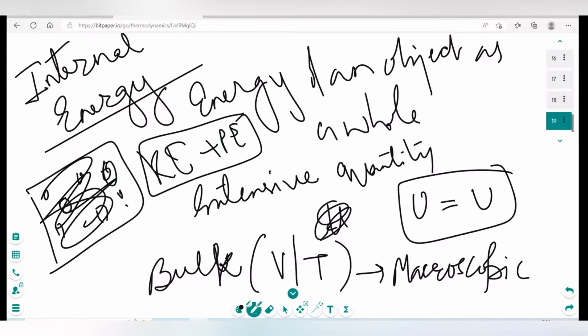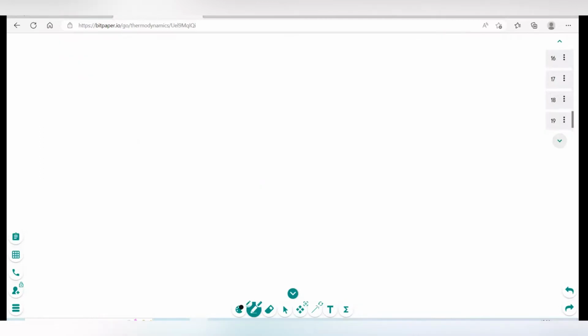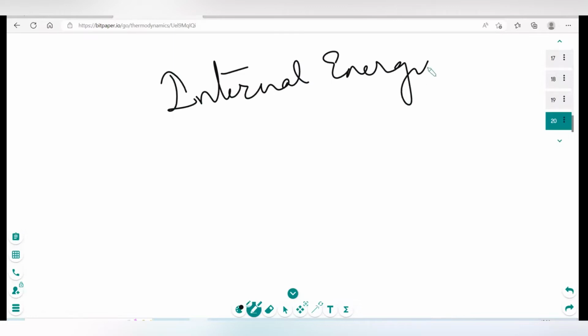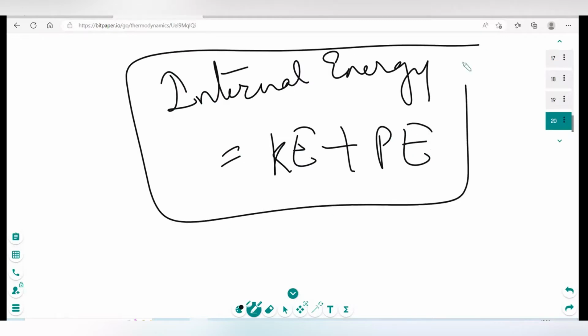This is equal to U, internal energy. Once again, internal energy is the sum of kinetic energy plus potential energy of the molecules constituting the system.